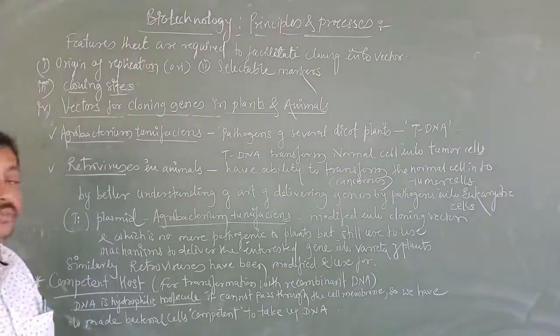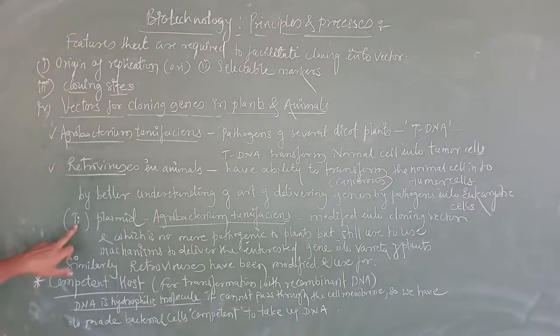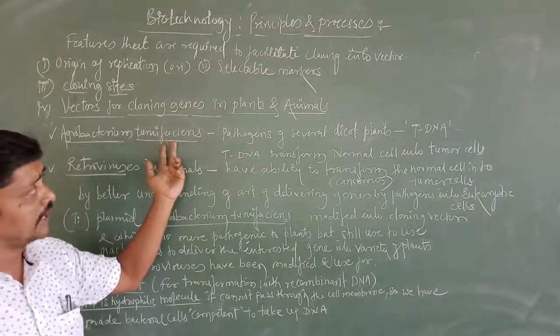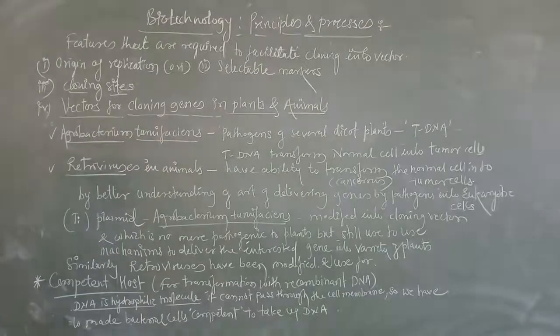we are going to modify the Ti plasmid of Agrobacterium tumefaciens, the pathogen which converts the normal cells into cancerous cells or tumor cells.